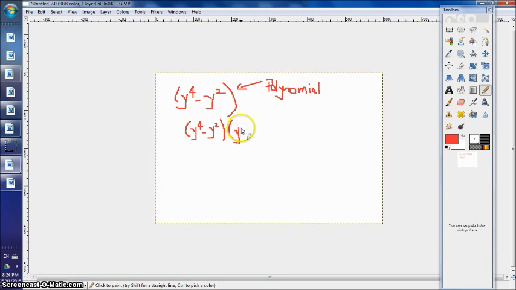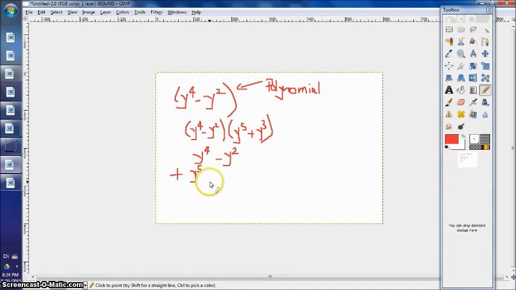Okay, so 4 y squared 2y 5 plus y cubed. So let's add them up like we add up other expressions.